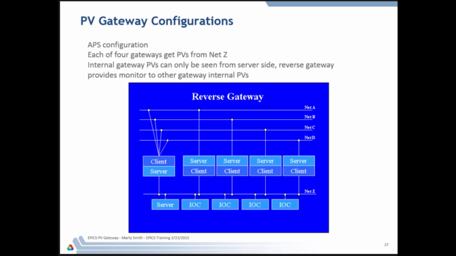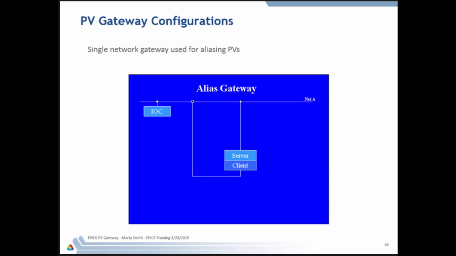So when I ask to see internal PVs from these gateways, that has to come through this reverse gateway and gets broadcast on the other networks, and then it will find the gateway servers for the beamlines. That way I can remotely monitor the health of those gateways. Actually, I wouldn't be able to monitor them at all without that reverse gateway.